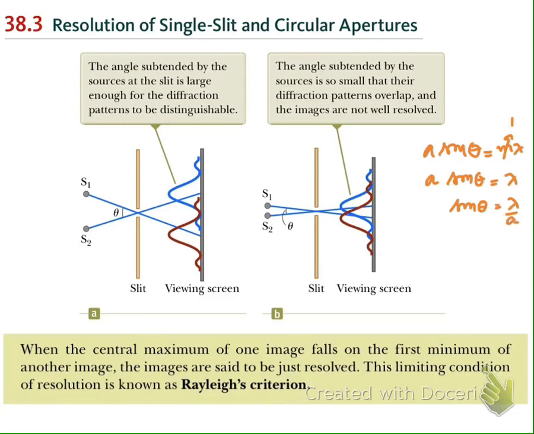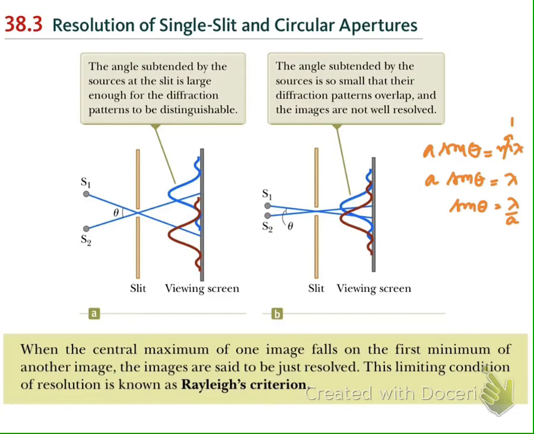It means that if a is quite large compared to lambda, what is the size of theta? If a is large, theta will be small, right? So the diffraction pattern will be very narrow. But when a is small, the diffraction pattern can be very large.